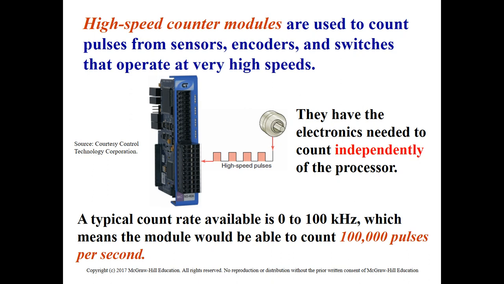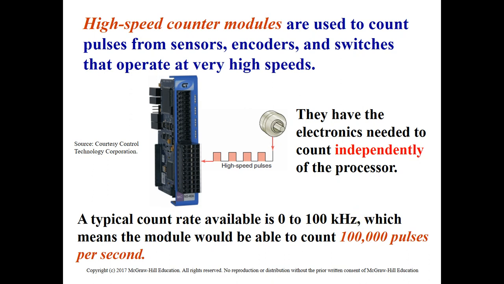So we need to use specific modules to interface between the high-speed counters and the PLC system. Such modules can count up to 100,000 pulses per second, so it has a count rate of up to 100 kilohertz.